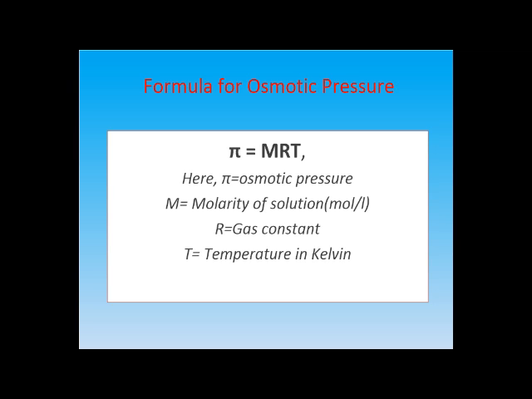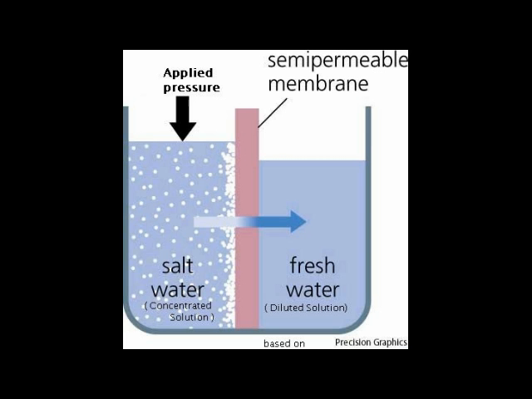Here pi is osmotic pressure, capital M is molarity of solution, that is number of moles by volume of solution, R is the gas constant, and T is temperature in Kelvin. By the use of this formula also, we should try to calculate the molecular mass of the solute.